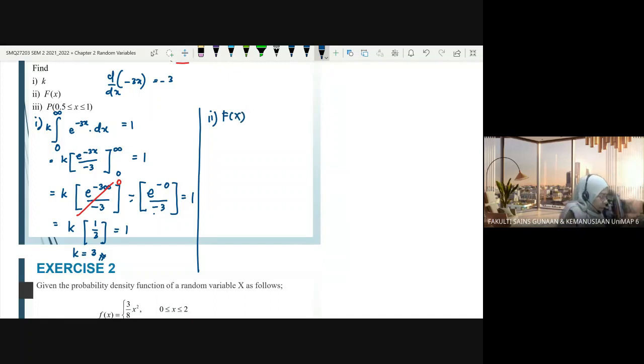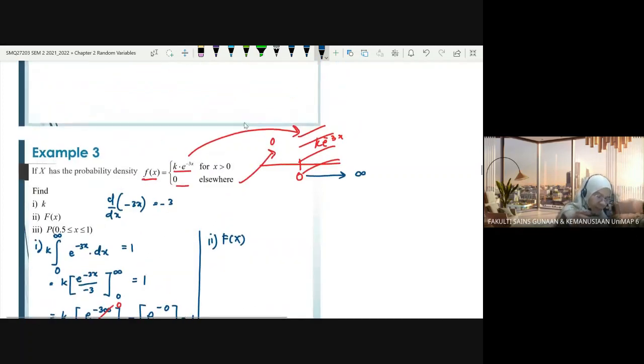Remember back, given that you have this, this is your density function f(x). Now you reverse back to get the F(x).